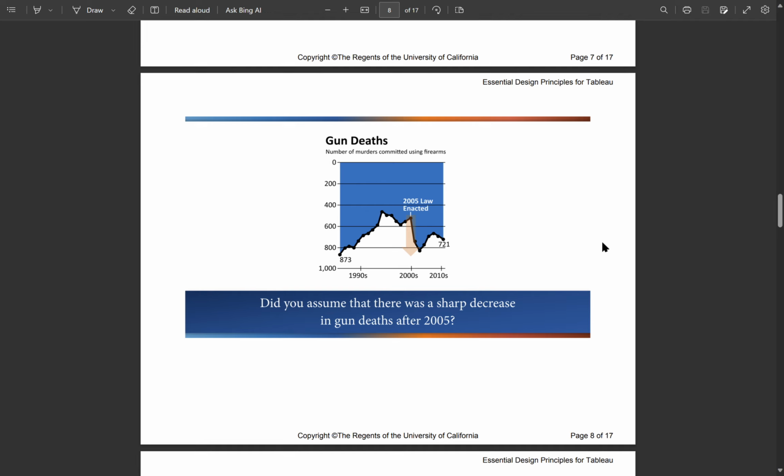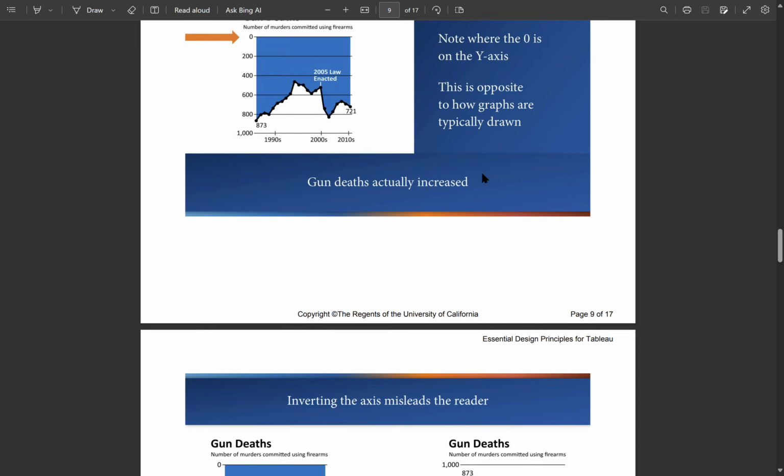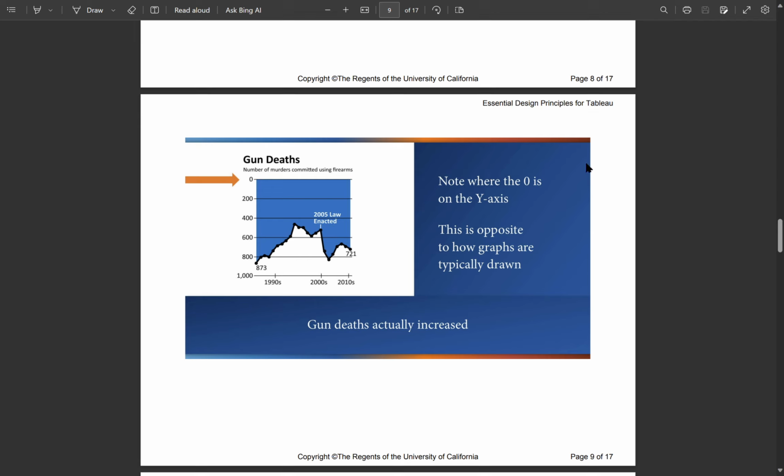Now, let's move on to another slide. Look carefully at this graph. At the top is the zero axis and at the bottom is 1000. What you see is that this graph is reversed.